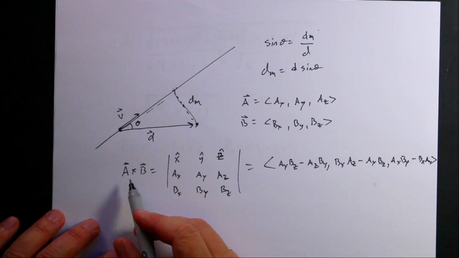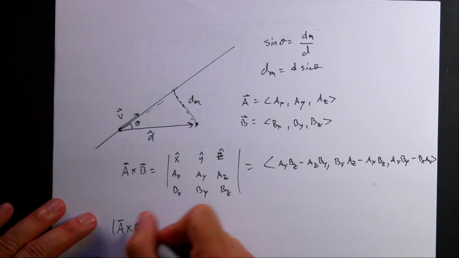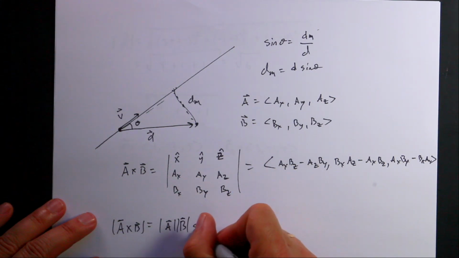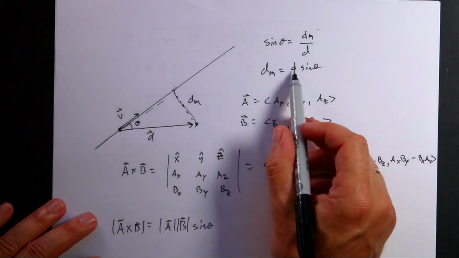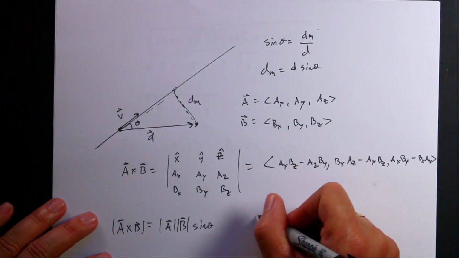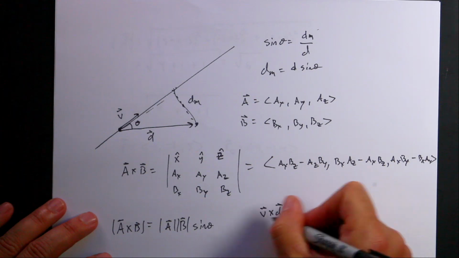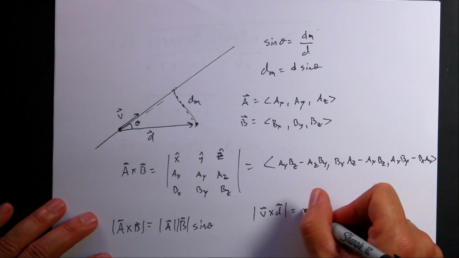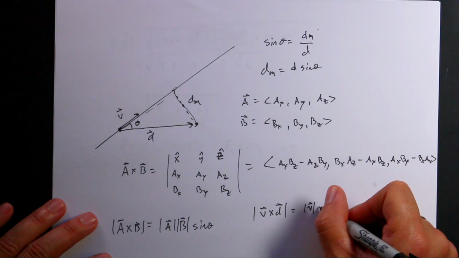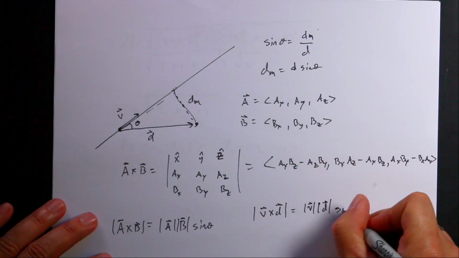But if I find the magnitude of that, I can get something else. The magnitude of A cross B is equal to the magnitude of A times the magnitude of B times the sine of the angle between them. And you see here I have the magnitude of D and the sine of theta. So if I take V cross D, the magnitude of that is equal to the magnitude of V times the magnitude of D times the sine of the angle between them.